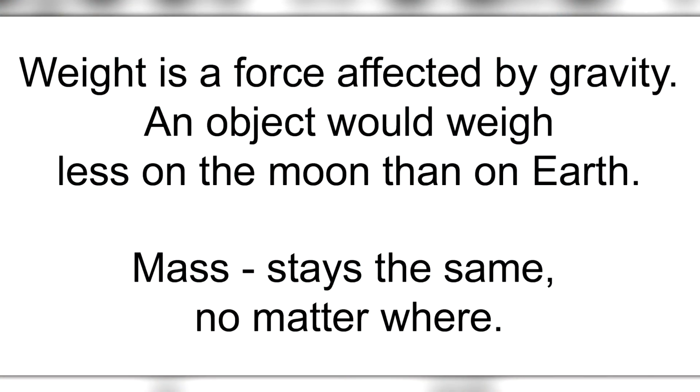Basically, the difference is that weight is a force which is affected by gravity. So an object would weigh less on the moon than on the Earth because there is less gravity. But mass stays the same wherever you are, if you're on the Earth or on the moon or floating in outer space. But like I said, for simple density experiments like we're doing here, we are going to use mass as the heaviness of an object.